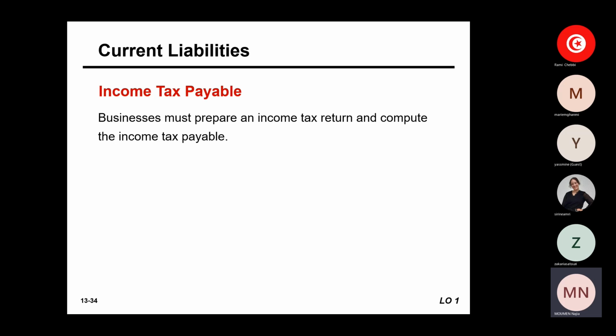So this is, of course, the objective of financial reporting, as stated by the IASB conceptual framework. But at the same time, tax authorities may have some requirements or specific rules for certain accounting situations, so there will be different treatment.